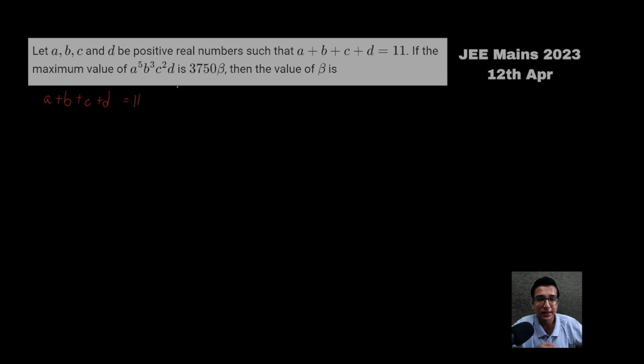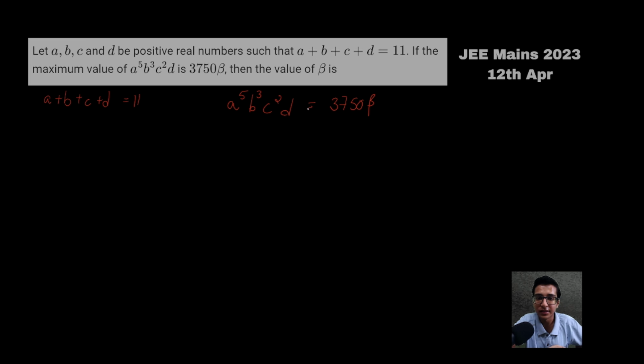If the maximum value of a to the power 5, b to the power 3, c square d is 3750 beta.